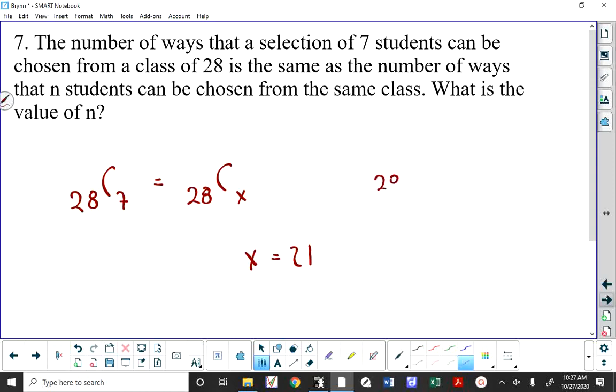28 choose 7 and 28 choose 21 will be equal. You need to make a note that the 7 and the 21 add up to get 28.